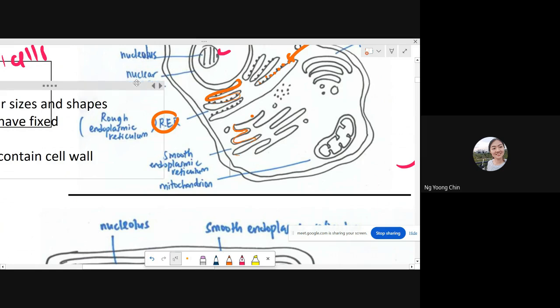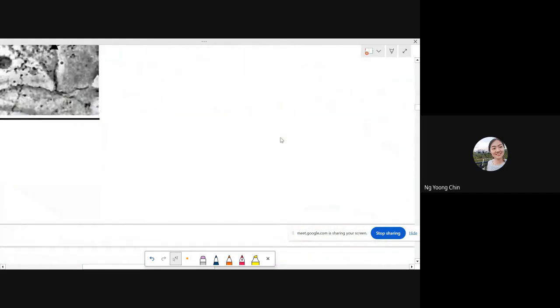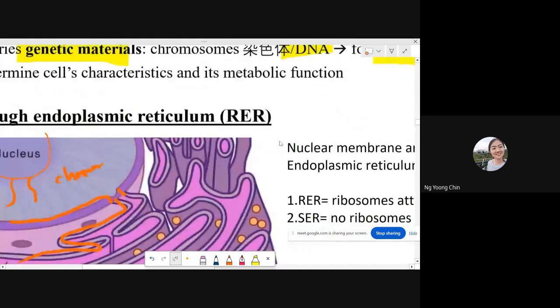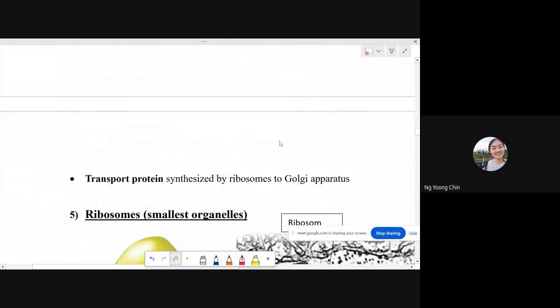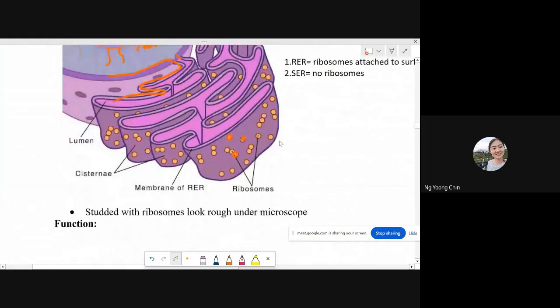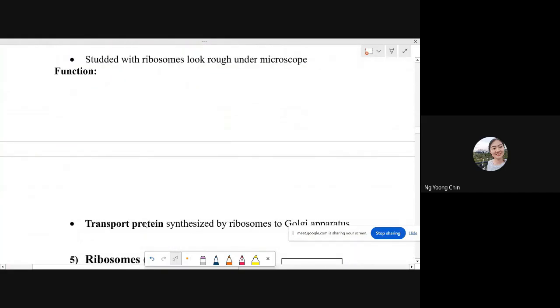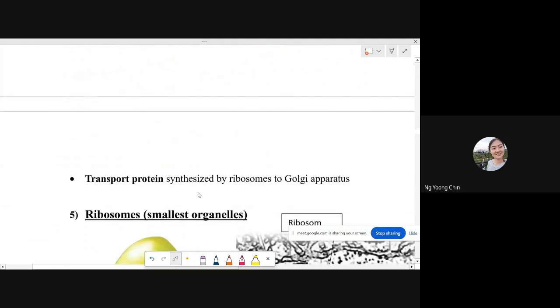The rough endoplasmic reticulum and the smooth endoplasmic reticulum carry different functions. The rough endoplasmic reticulum helps to transport the protein synthesized by the ribosome until it reaches the Golgi apparatus. So this is the function of the rough endoplasmic reticulum.